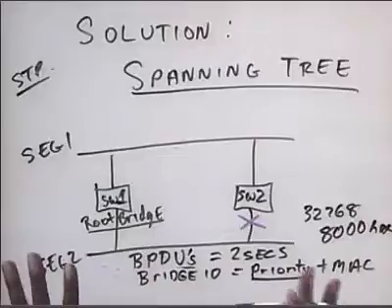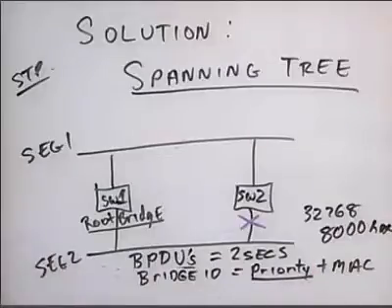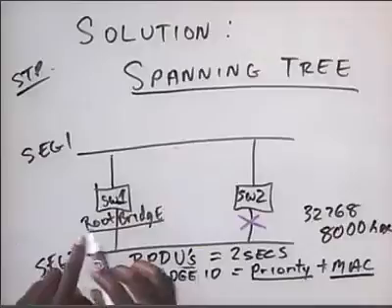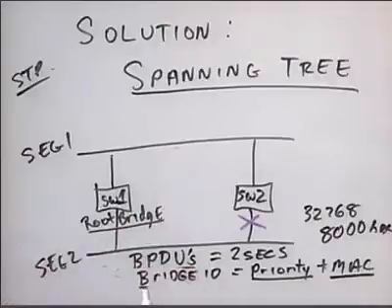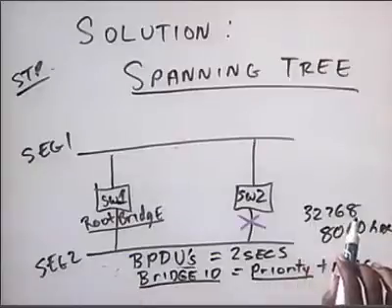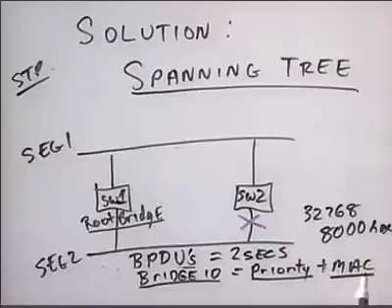So if the default priority is left in place, it will be the device with the lowest MAC address. So the election of the root bridge goes to the device with the lowest bridge ID. The bridge ID is made up of two parts: the bridge priority, default 32,768, plus the MAC address.